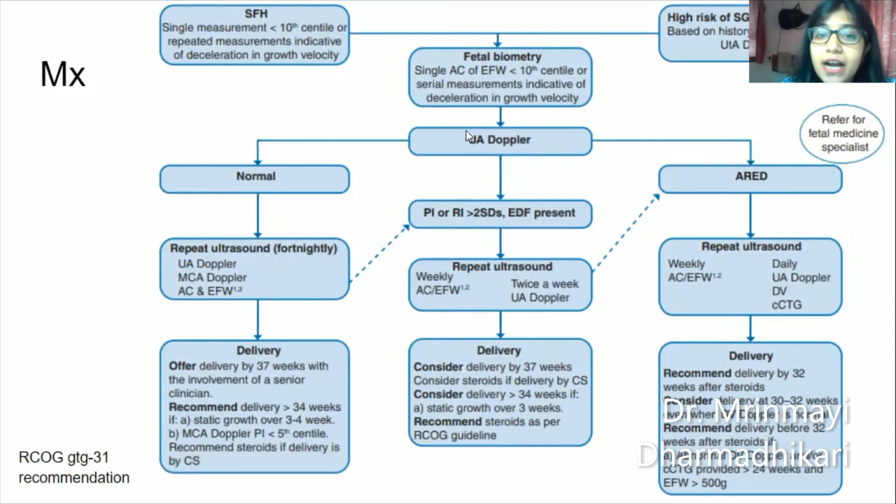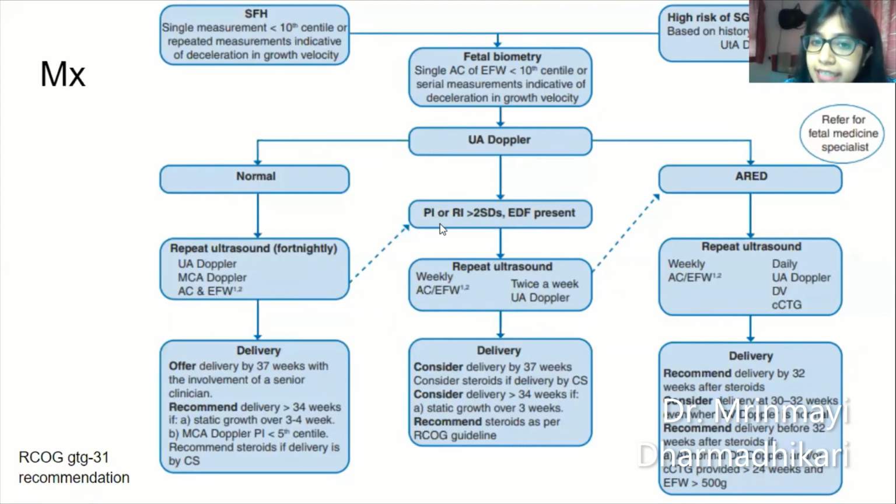Second scenario, where the umbilical artery Doppler resistance has increased. Okay, so the pulsatility index or resistance index is more than 2 standard deviations, but in the presence of a positive end diastolic flow. So end diastolic flow is still present. In such situations, repeat ultrasound weekly for abdominal circumference and estimated fetal weight, but twice a week umbilical artery Doppler should be repeated.